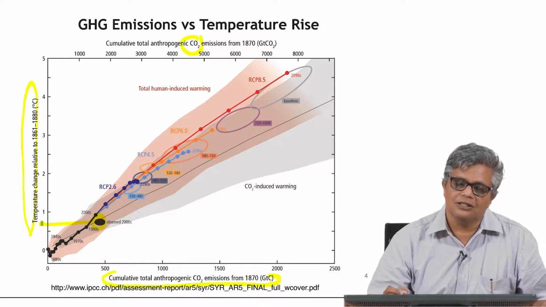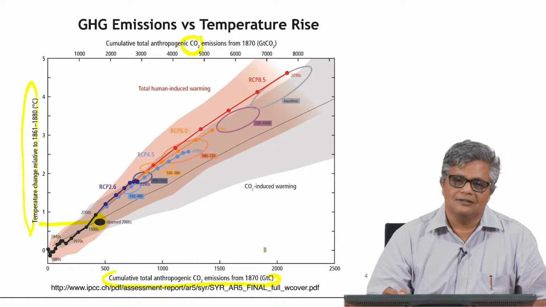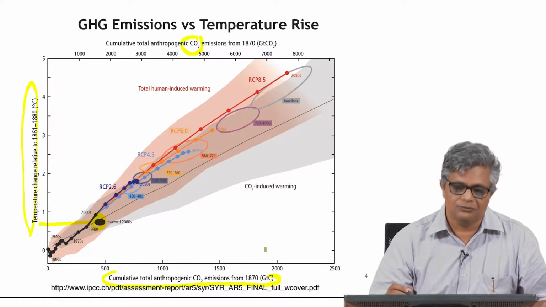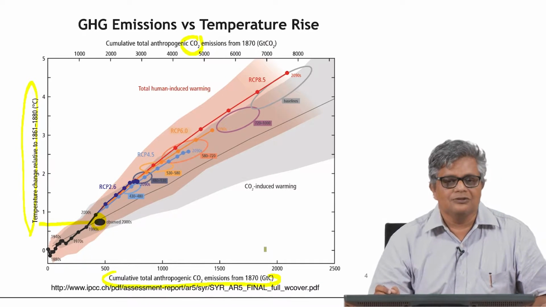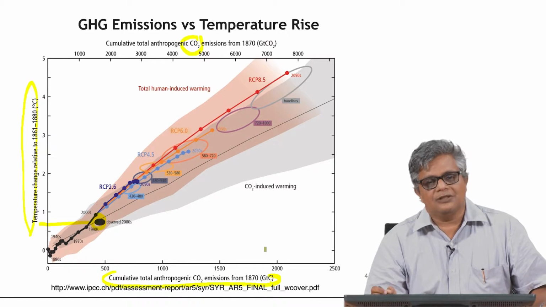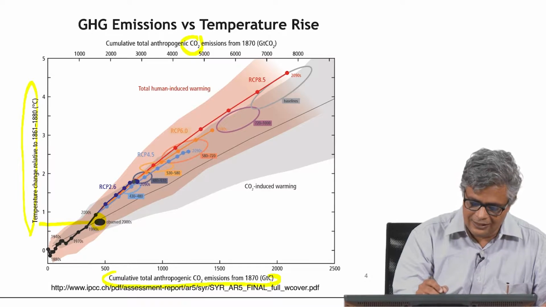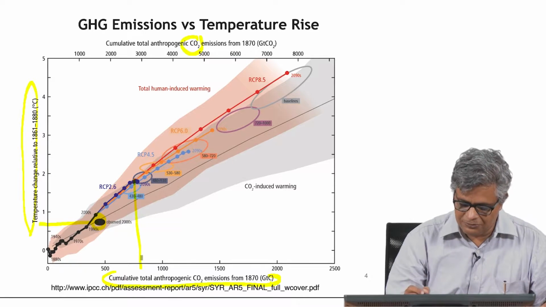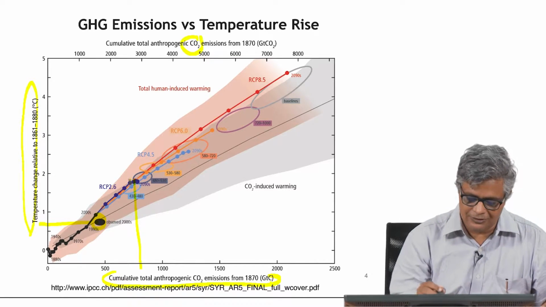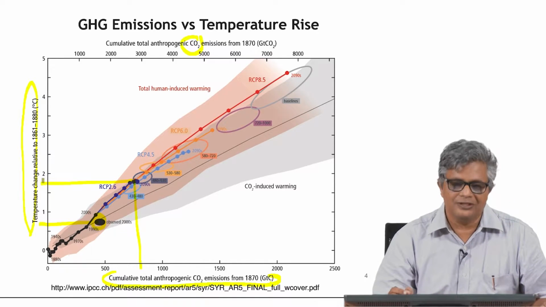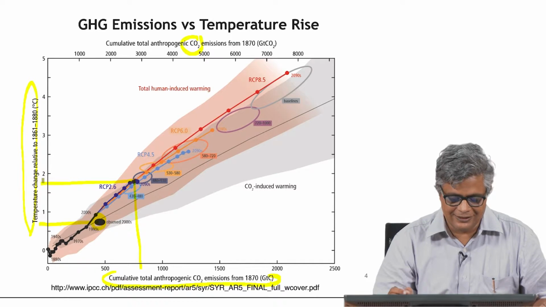If we go down the route of 2.6 radiative forcing, that is when we will have cut down and gone into negative carbon dioxide emission rates by the end of this century, then the total emissions would be about 800 gigatons of carbon, and the increase would be about 1.7 degrees centigrade.